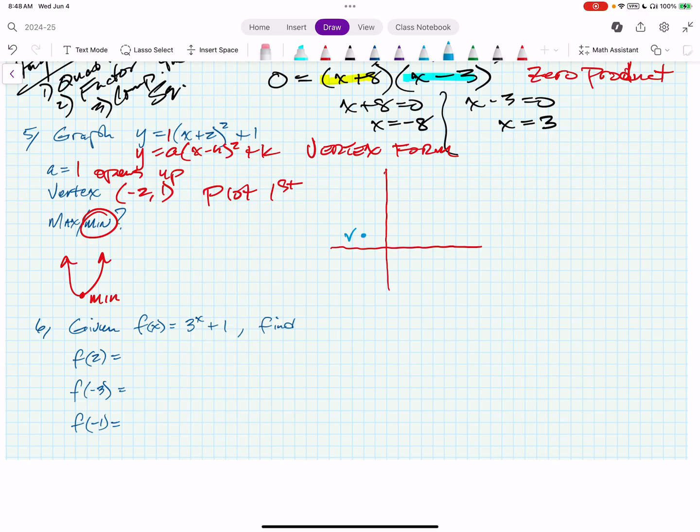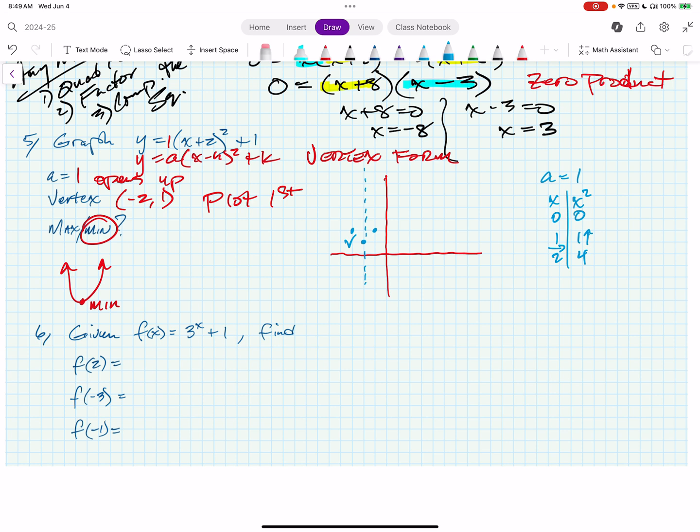Remember, a equals 1, that means you have to use your parent values. So 0, 1, and 2, so 0, 0, 1, 1, 2, comma 4. So right 1, up 1. I'll go right 1, up 1 from the vertex, and then you reflect it, and then you go right 2, up 4 from the vertex, and then you reflect it. So plot and reflect.